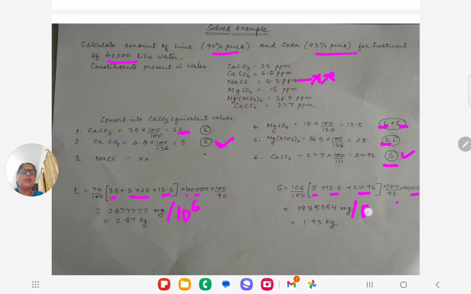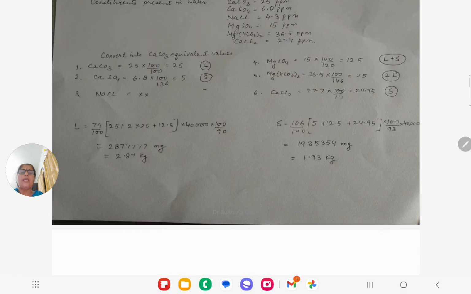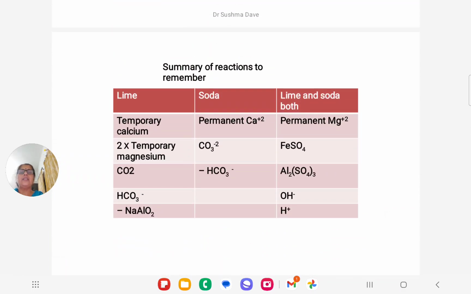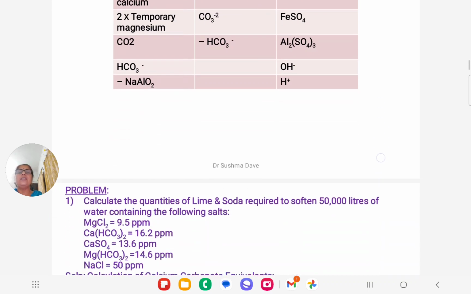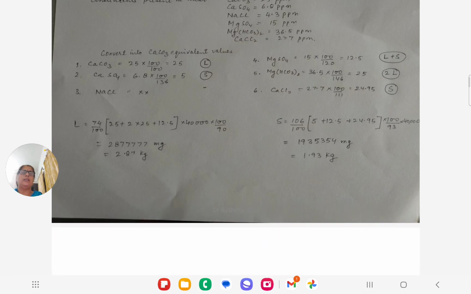Then again it is divided by 10 raised to power 6. It comes to be 91.93 kg. In this way we can solve the lime soda numerical in a simple way. Now the main thing is, take a screenshot of this table and remember this, and then you can easily solve any type of numerical. Thank you.